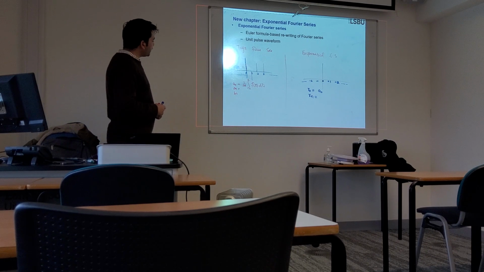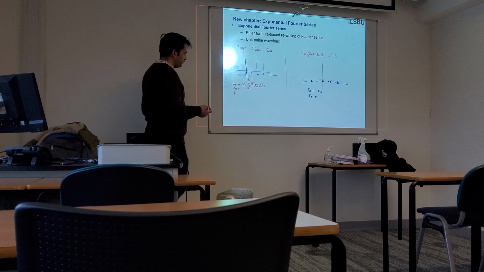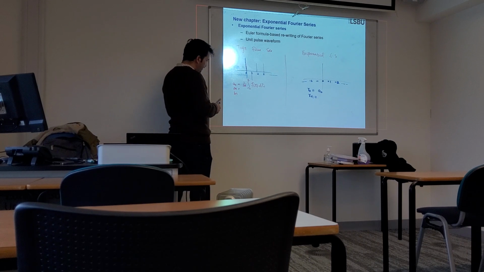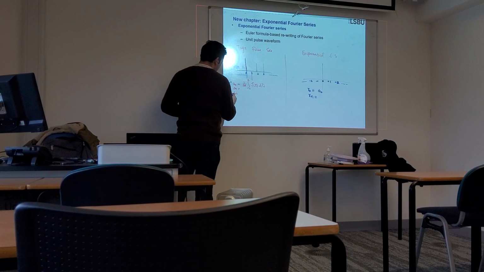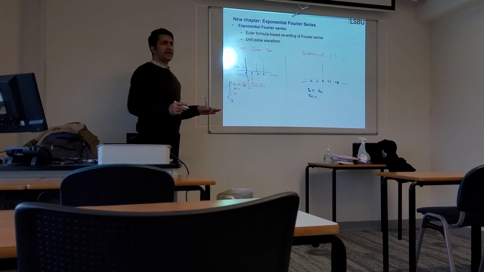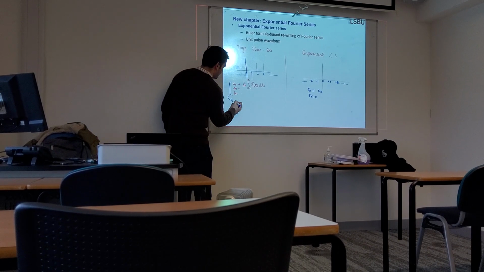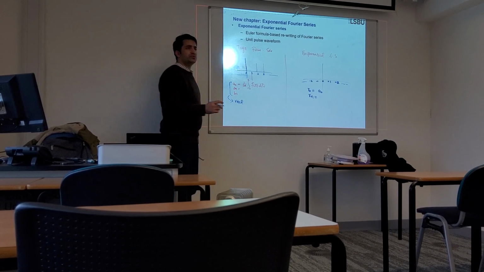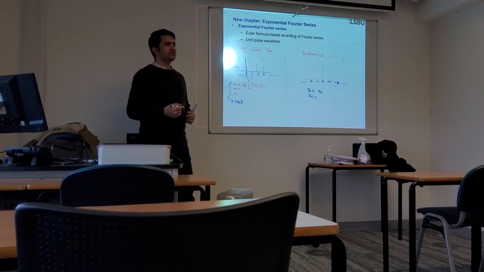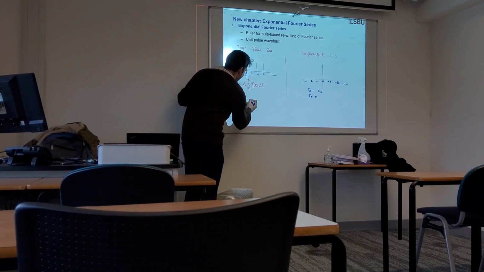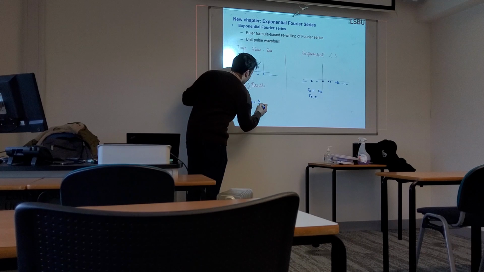Another important thing, which we will see later as well: we already know that a naught, an, bn are real values. So if you finally calculate it, for example, maybe an is 4 divided by n pi.